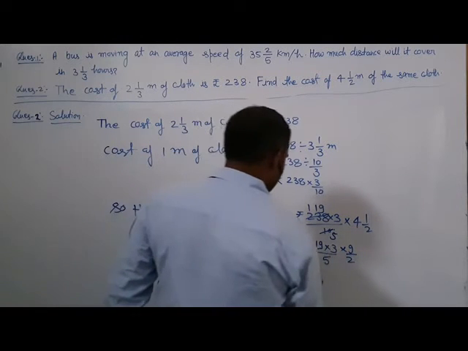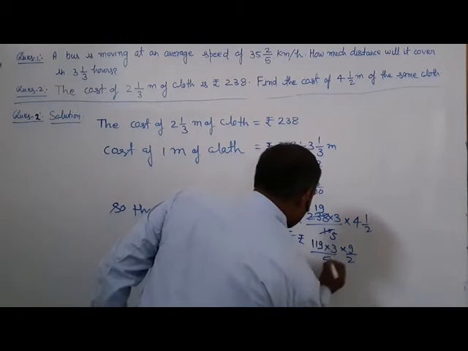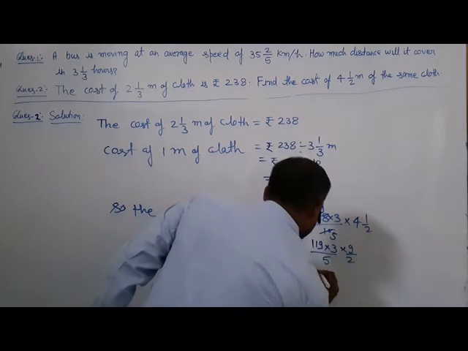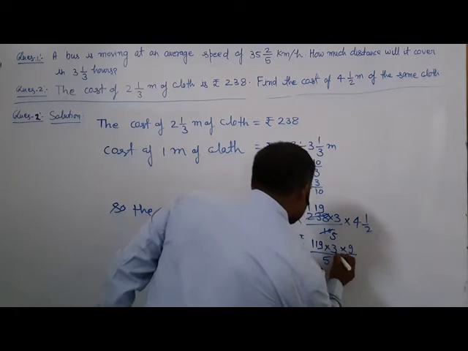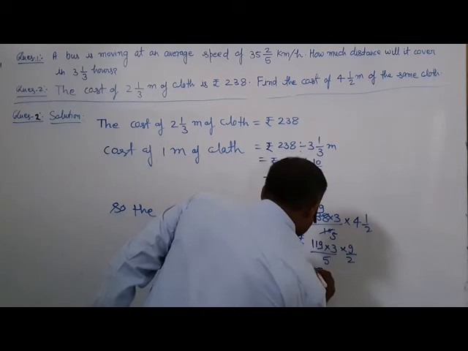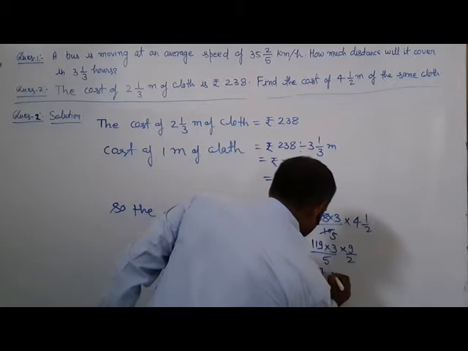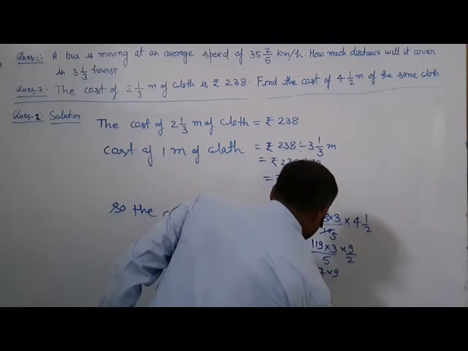So multiply this. 3 9s are 27. 3 1s are 3. 238 into 3 into 9 divided by 7 into 2.